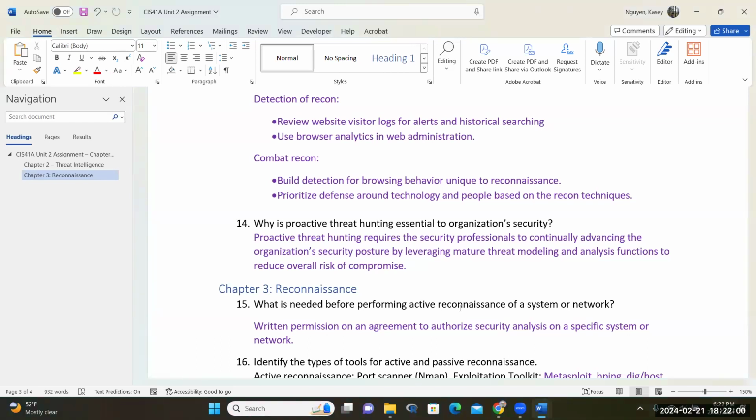of compromise. So if you want to win some interview questions, right? They ask you, why should I hire you as a security analyst? You answer them exactly that. Because I want to implement proactive threat hunting strategies so that I can help you leverage mature threat modeling.